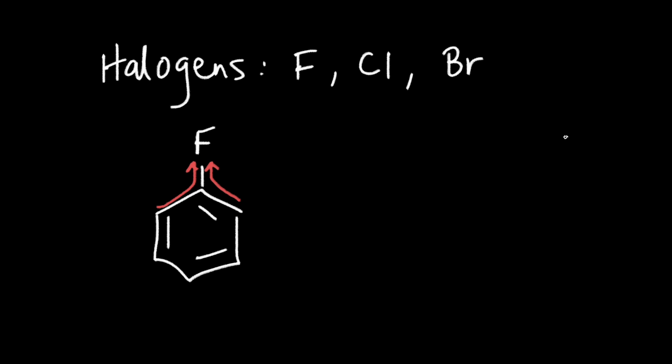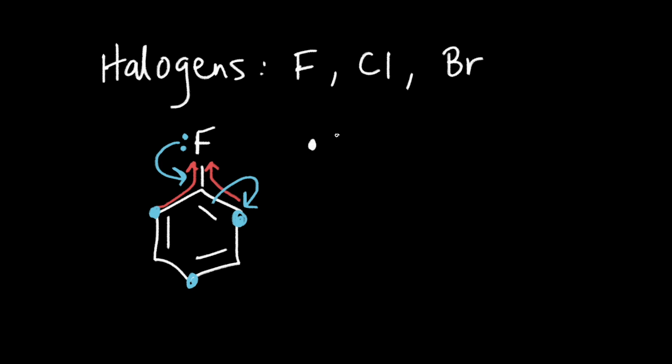However, fluorine also has a lone pair, so it can, to some extent, donate electrons back into the ring using this lone pair. And as we saw before, this puts electron density at the 2, 4 and 6 positions. So overall, the fluorine is withdrawing electron density out of the ring, but then it's just putting some electron density back at the 2, 4 and 6 positions using its lone pair.